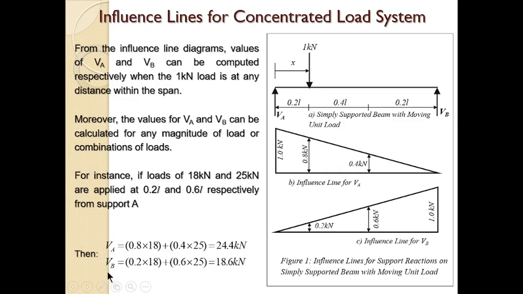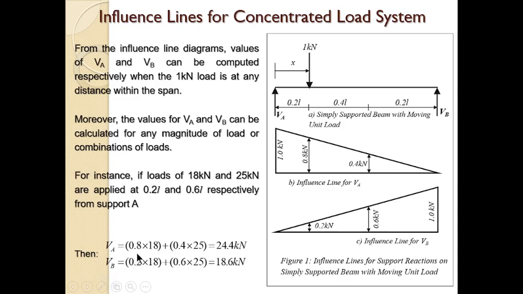And for reaction at B, this is the influence line for VB. So what are the coordinates at the points? Remember, the 18 kilonewton load is here, and the coordinate using similar triangles is 0.2 for VB, and the 25 kilonewton load is here, and the coordinate here is 0.6.